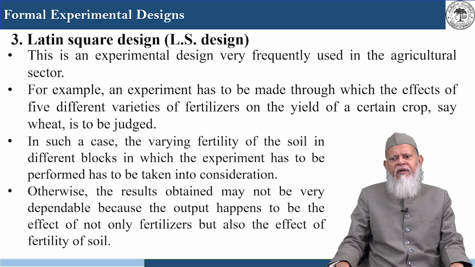This is an experimental design very frequently used in the agriculture sector. As we have already discussed previously, many of those designs which were earlier used in the pure sciences are being increasingly used in the behavioral or social sciences.